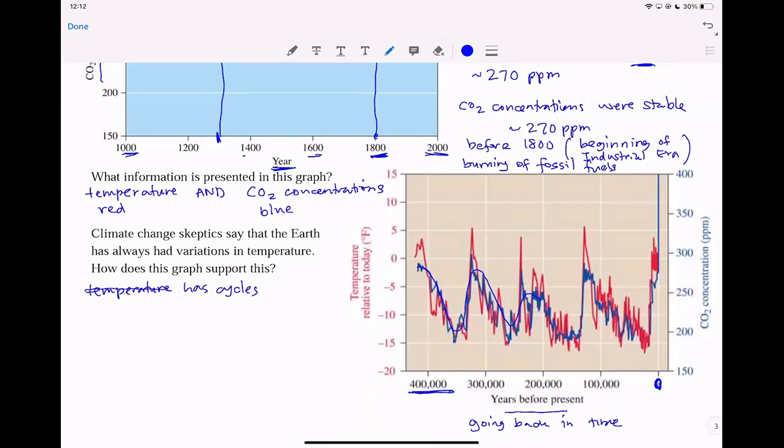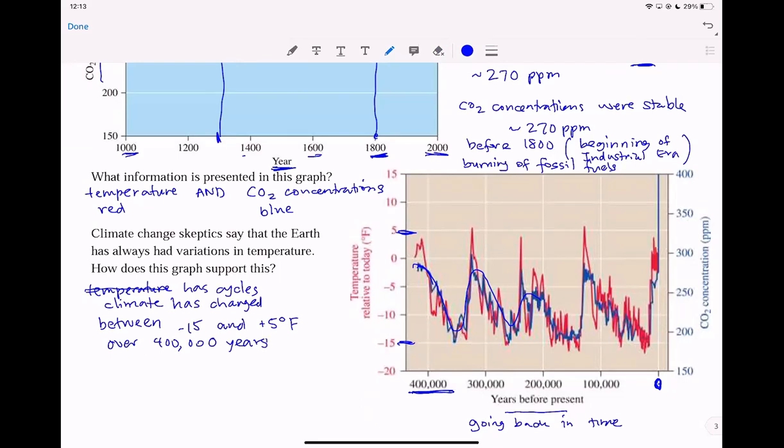Earth's climate is the overall temperature, but it's temperature that is measured. So climate has changed. It's gone down, it's gone up, but relative to today, it's been within a window of between -15 and +5 degrees Fahrenheit over 400,000 years.